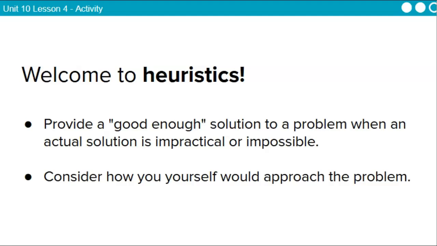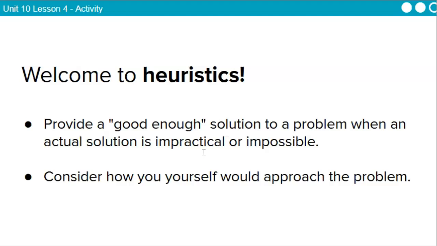This is where heuristics come into play. Heuristics is basically common sense. It's where we find a good enough solution to a problem when finding the actual solution is just impractical or possibly impossible. When we use heuristics, you consider how you yourself would approach the problem.